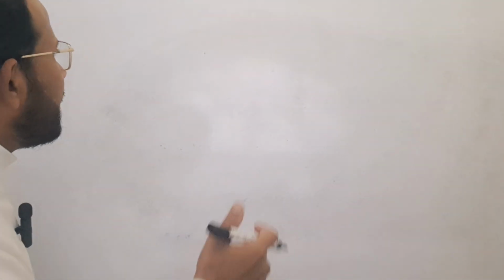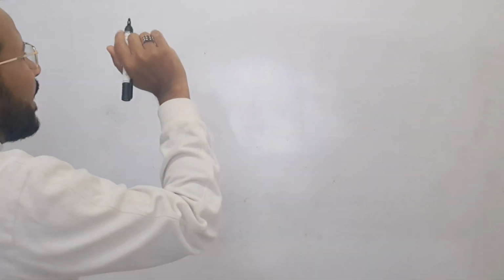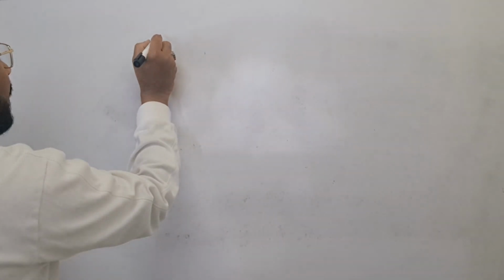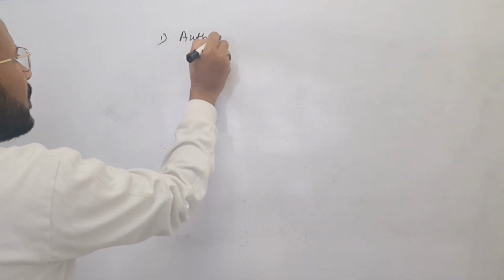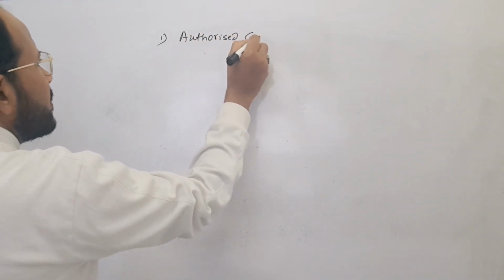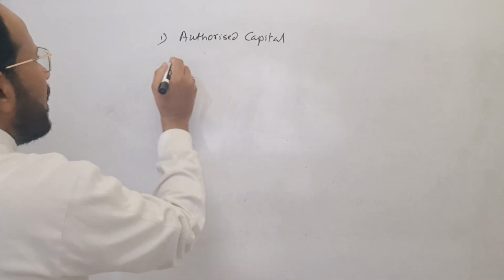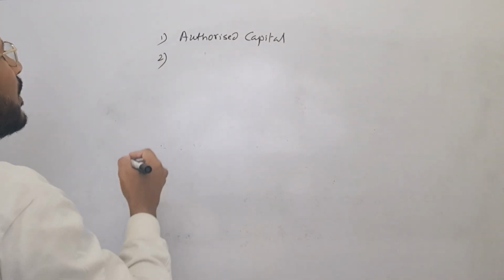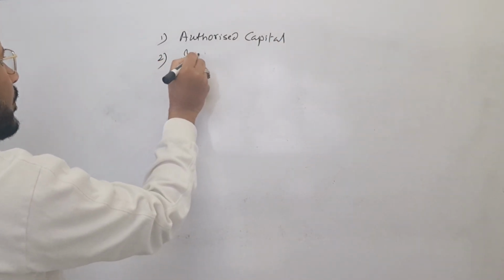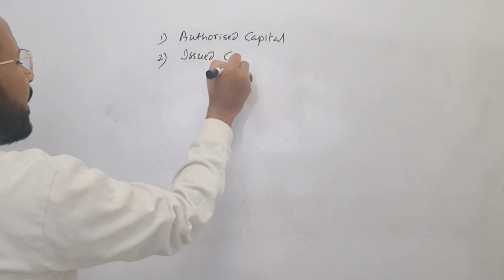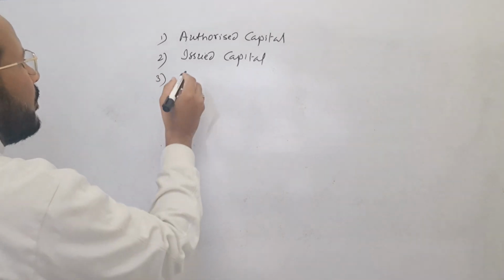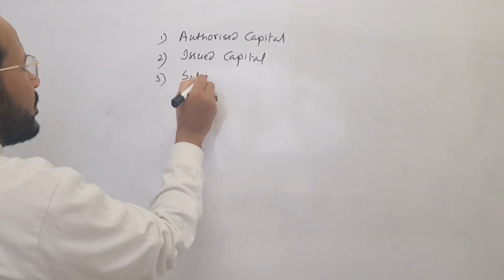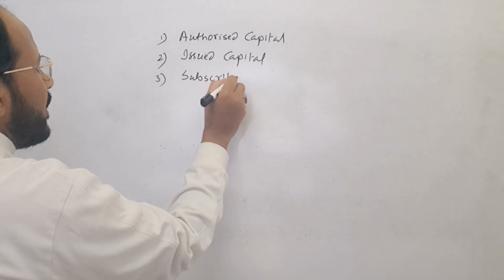Now, the capital is divided into different types. In brief, I am going to explain, try to understand here. First one is authorized capital. Next one is issued capital. Next one is subscribed capital.